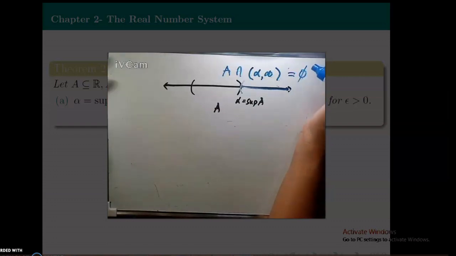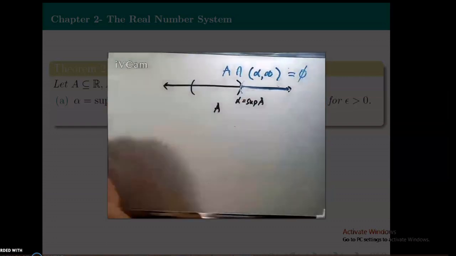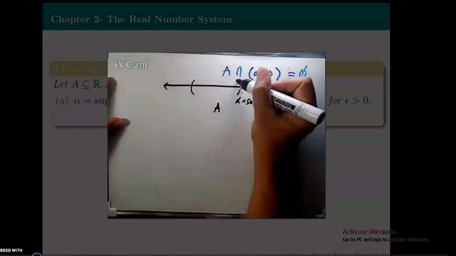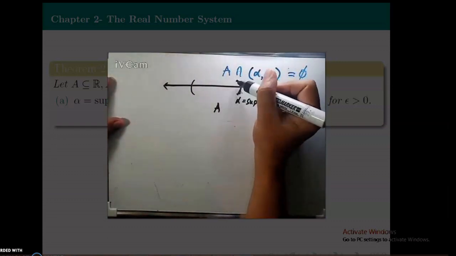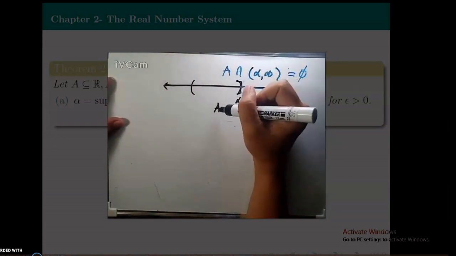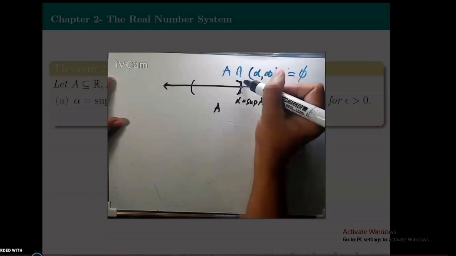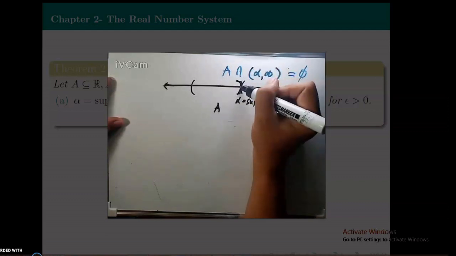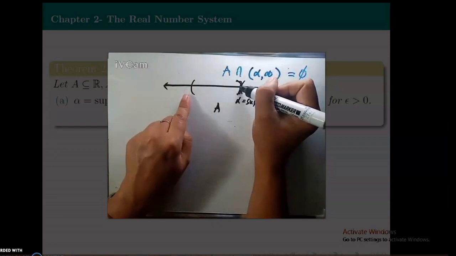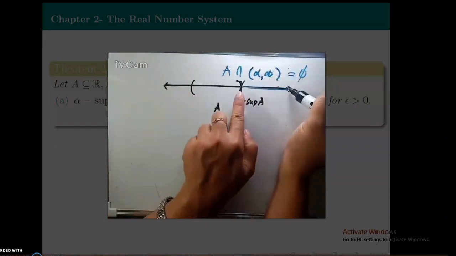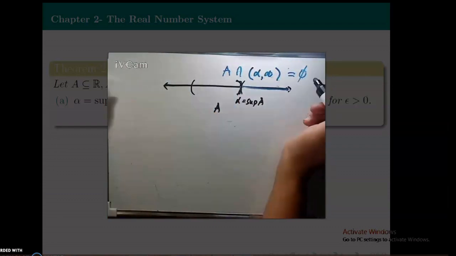It means there is no common element. Even if we close this interval, meaning the supremum of A is in A, if you get the intersection of set A and this interval, the intersection is empty. There is no element in common.